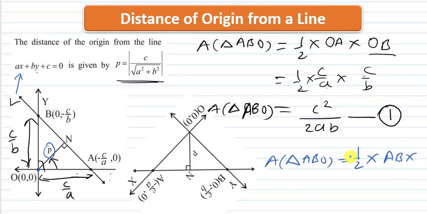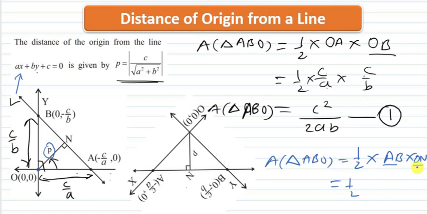We know the height should be the perpendicular from the vertex, that is the length of the altitude. So here this is perpendicular, so ON will be my height in this case. I just have to put in the values of the length of AB and the length of ON.